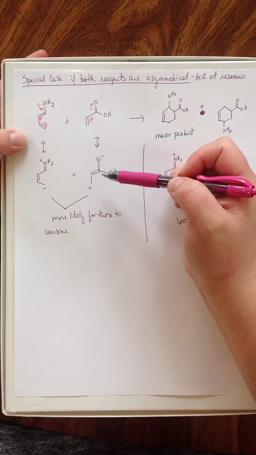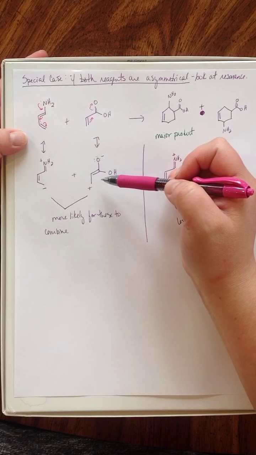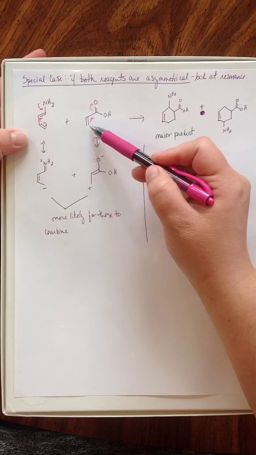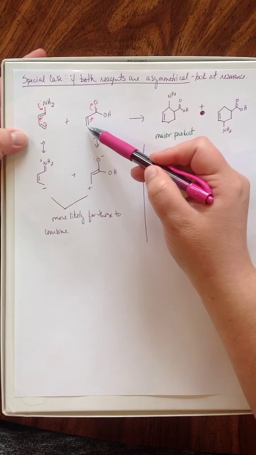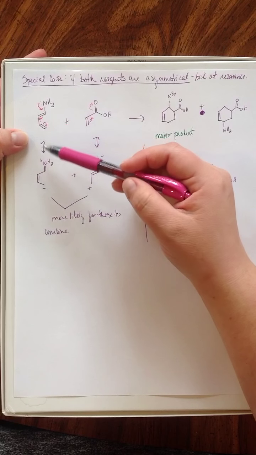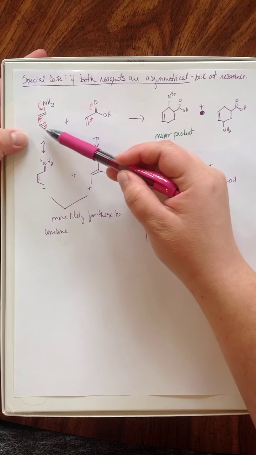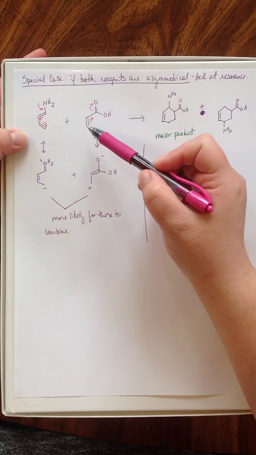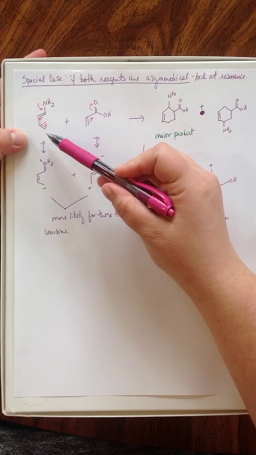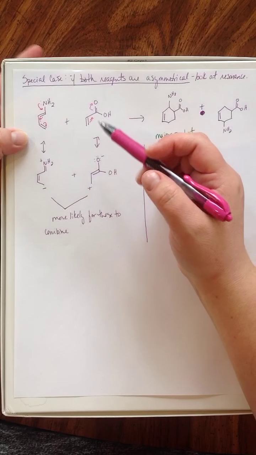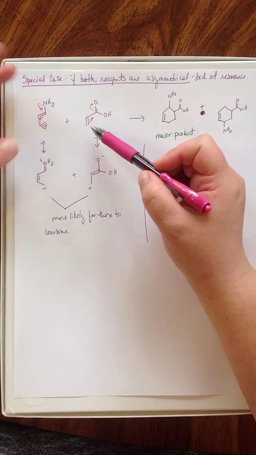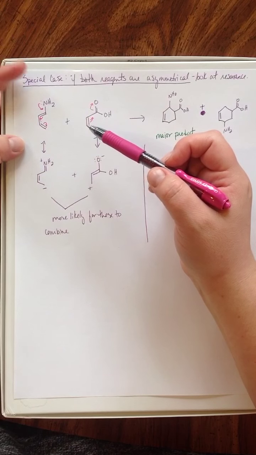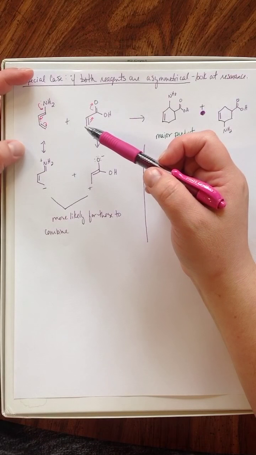Well, this actually is favorable for a reaction to happen, because if you look at the hybrid between these two, that means that this carbon is really partially positive. And the hybrid here would mean that this carbon is partially negative. Well, that's easy, right? Because positive goes to negative, or negative goes to positive, whichever you want to consider it. So that means that the negative and positive will come together to form a bond more easily than if it was not the case like that.